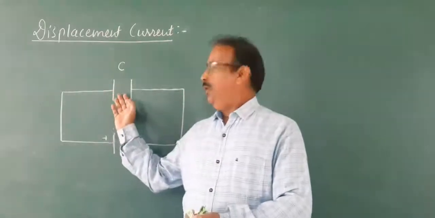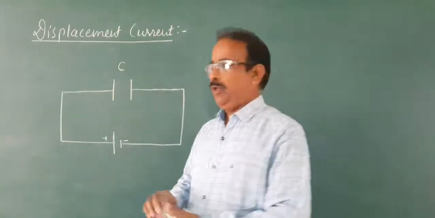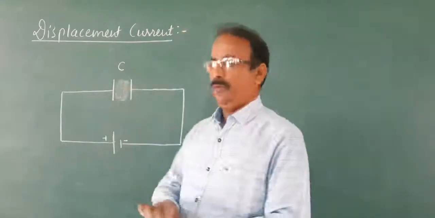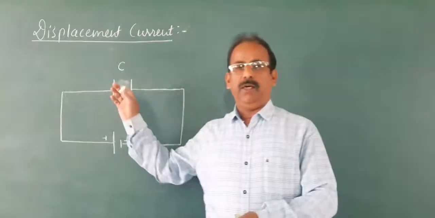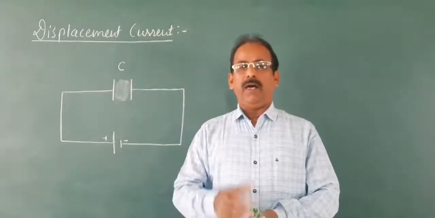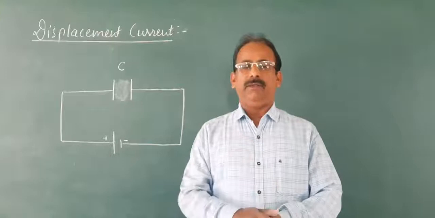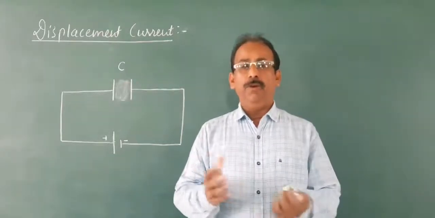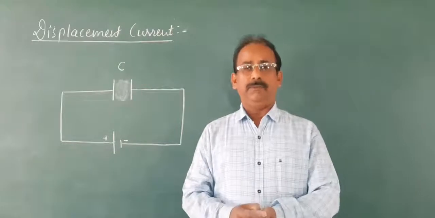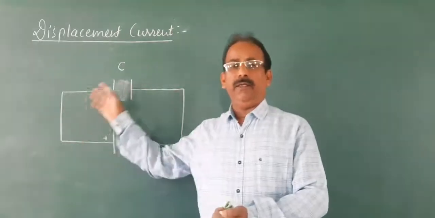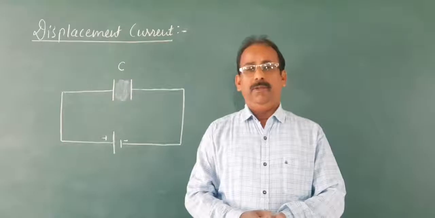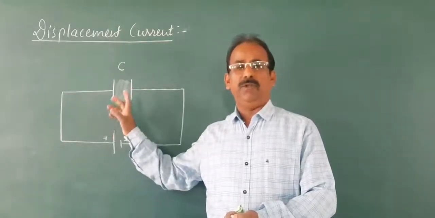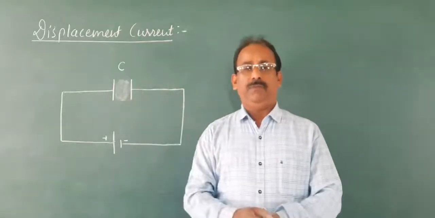However, in this capacitor, there is a dielectric medium, and in dielectric medium we have studied that no free charges are present. No free electrons are present. Then also we are getting current in this circuit. Means this current must flow through this capacitor, through this dielectric medium.